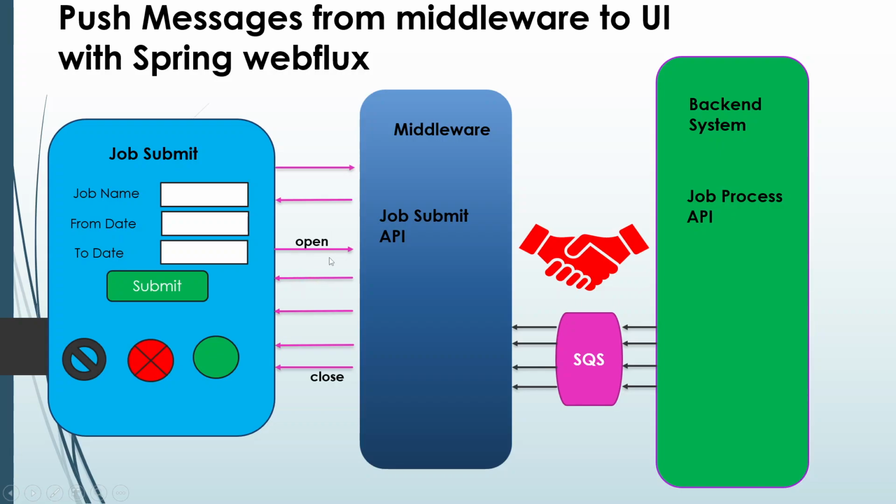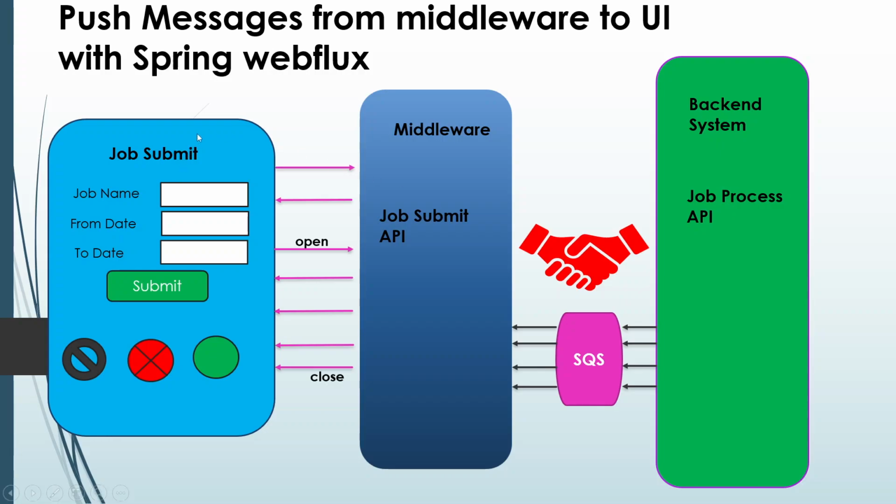In order to achieve this kind of event stream communication between the UI and the middleware, we are going to use the Spring WebFlux framework. For the asynchronous communication between the middleware and the backend system, we used AWS SQS and the Java JMS API.